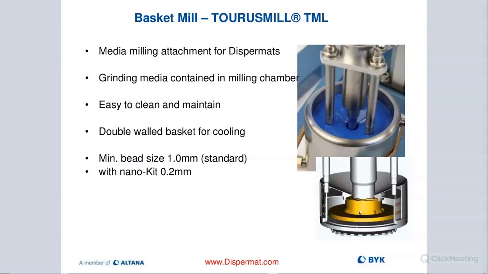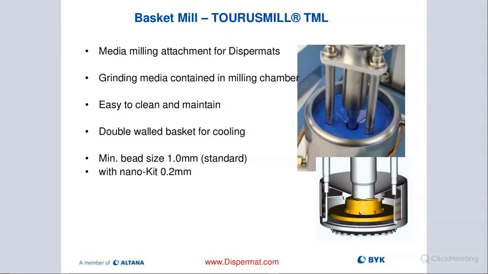And that vortex will actually suck our mill base into the basket. What you don't see in this picture, of course, is the media that's somewhere in between, right around the pumping and steering wheel and above the milling disc, which is right below.